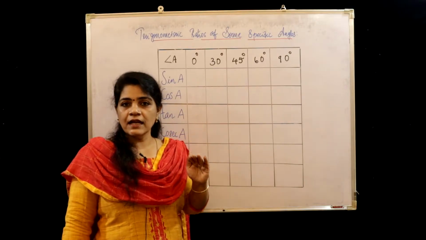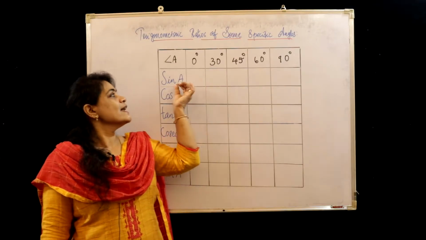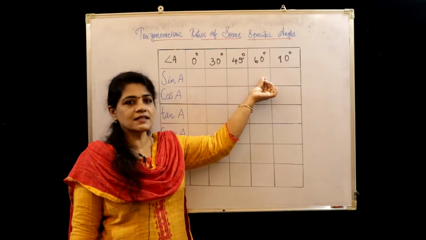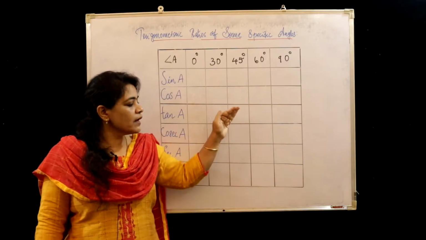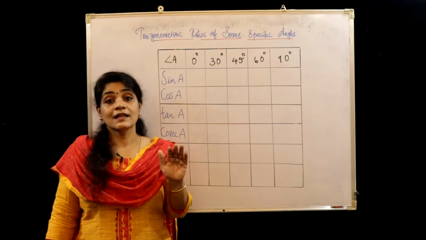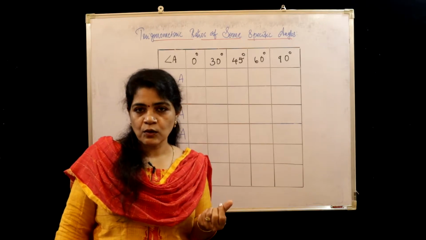And I am telling you children, if you know the first row, the values of sine 0, sine 30, sine 45, sine 60, sine 90, you can easily complete all the other entries, because we know the reciprocal relation and the quotient relation. What is the quotient relation?